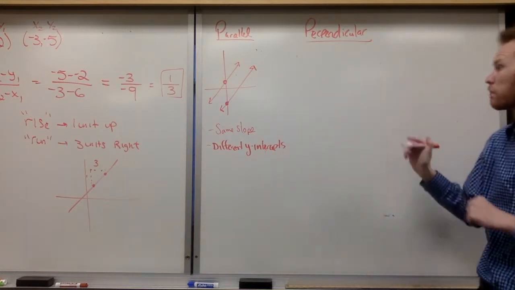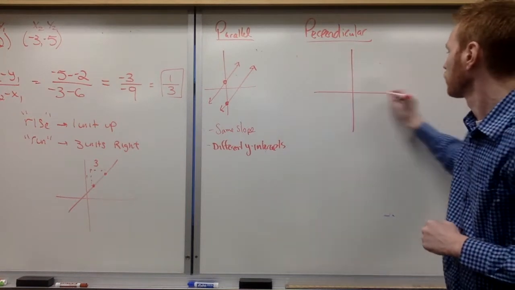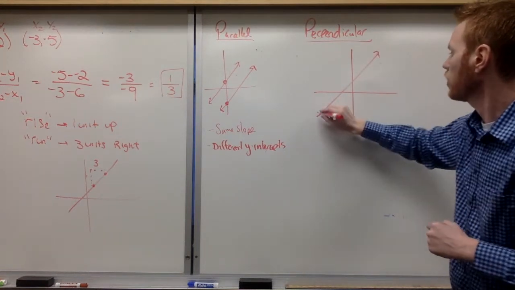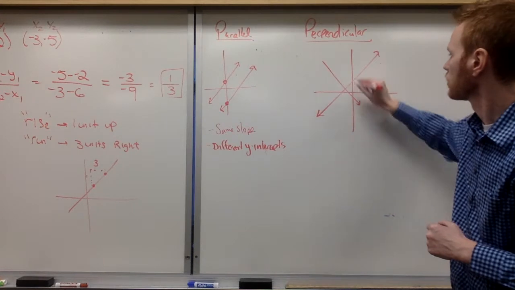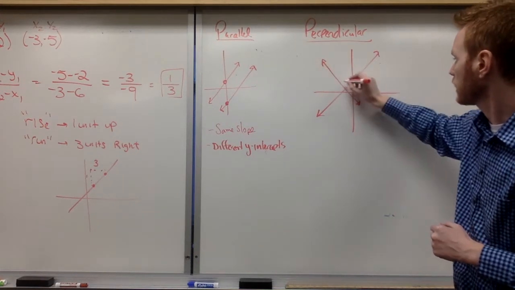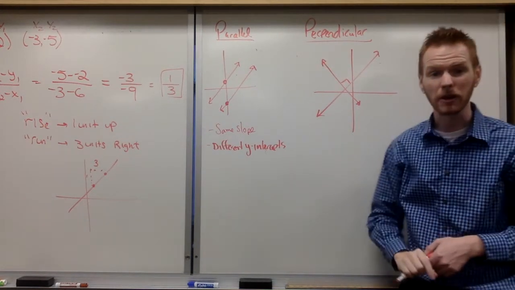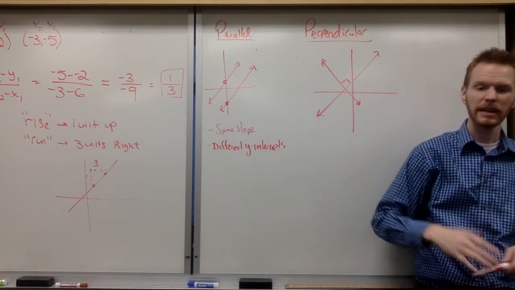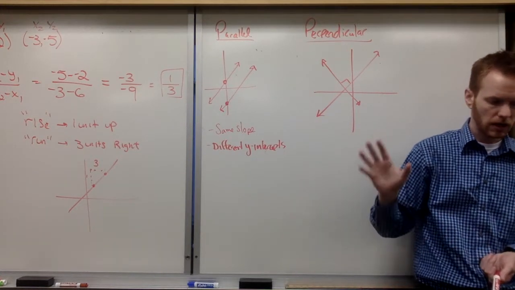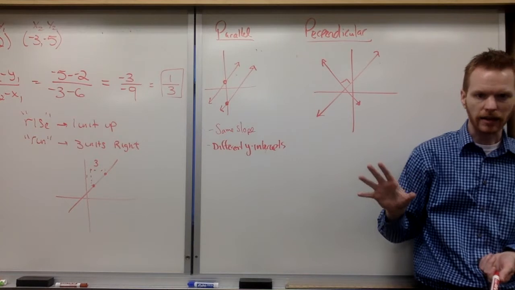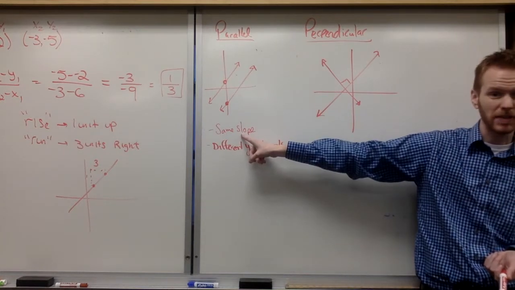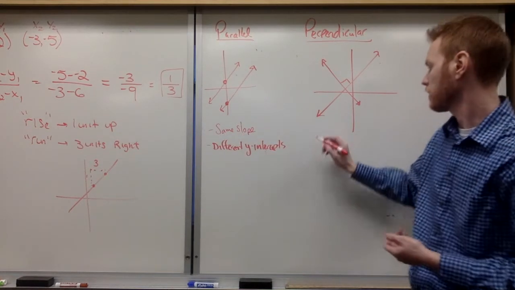Now, over here, perpendicular, we know that perpendicular lines have a big characteristic, and that characteristic is they create a right angle. Okay? Now, let's think about the slopes for a second. If they intersect, they can't be the same slope, huh? So you have different slopes.